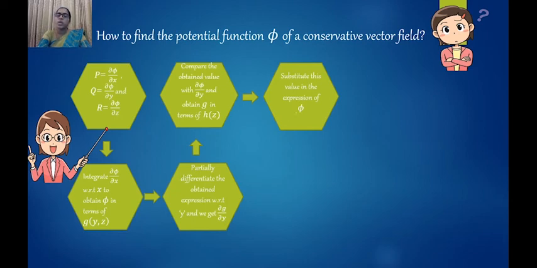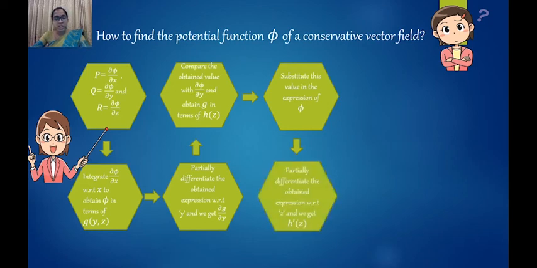Next we partially differentiate the obtained expression with respect to z, and we get h dash of z. Here there will be only the normal derivative, not the partial one, because h is a function of z only.